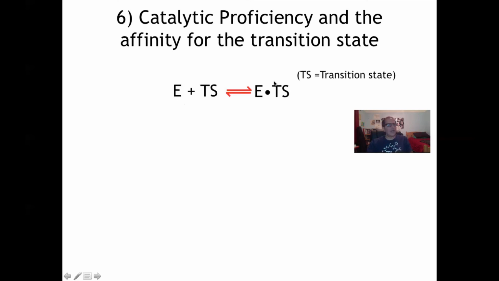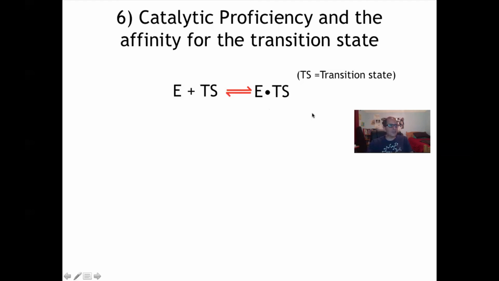And that's really interesting because that's something that you could never measure directly, right? You can't measure the binding constant of a transition state for its enzyme directly because the transition state is by definition unstable. It's in transition, right?